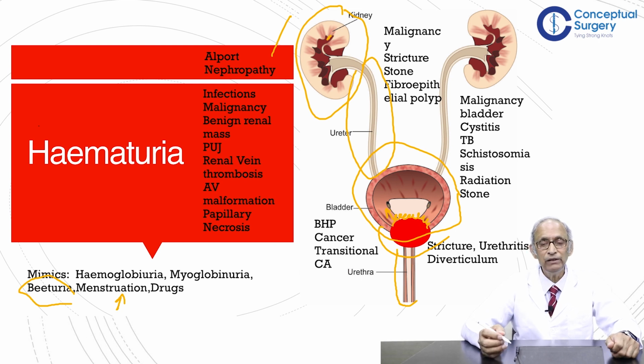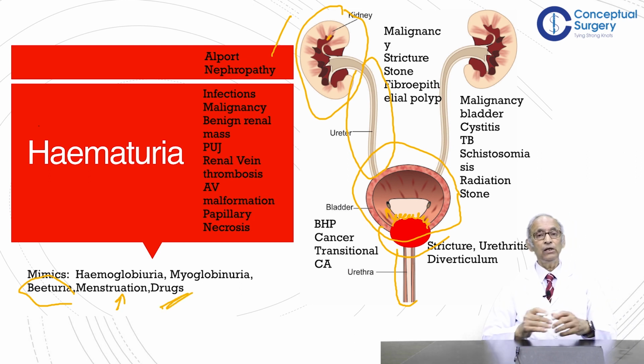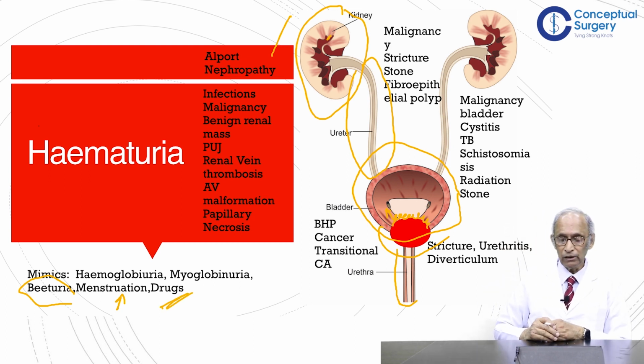This is believed to be an analgesic, and most of the patients who would come to the OPD, most of the catheterized patients, would have that color in the urine. Nowadays, we are not giving that as much as we used to give before. And similarly, we have many other drugs also. Another common drug which is used as a urinary antibiotic, like nitrofurantoin, could also give a coloration in the urine. So always take the drug history of the patient also when you are trying to evaluate hematuria.